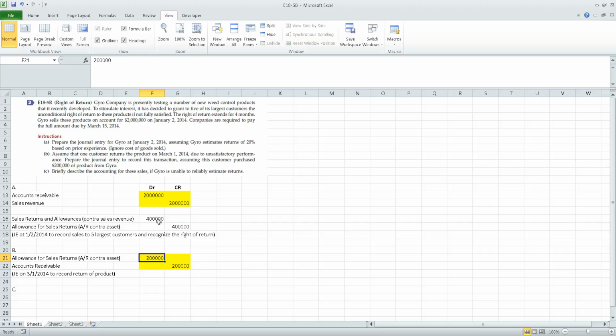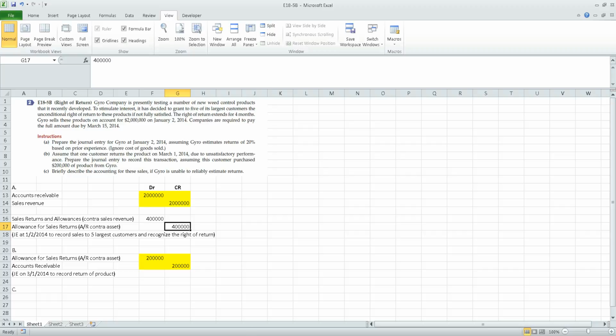Well, here we're doing the same thing, except what we're estimating is the dollar amount of sales that are going to be returned. And instead of debiting an income statement account called bad debt expense, we debit a contra sales account called sales return and allowances, and credit the contra asset account that is the analog of the allowance for doubtful accounts account.